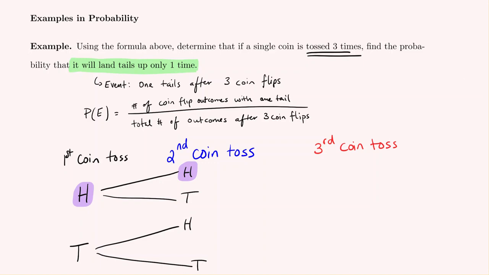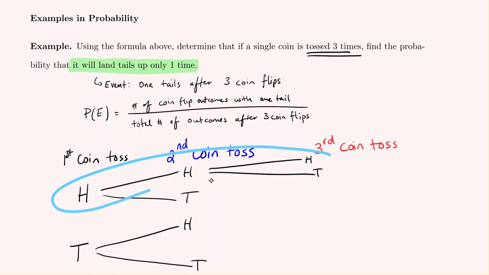And every time you toss the coin, you could get heads or you could get tails. So there's 2 options. We could get heads, heads, heads, or heads, heads, tails. Now this portion of the diagram was assuming that we had heads followed by heads for the first and second, and then either heads or tails for the third.